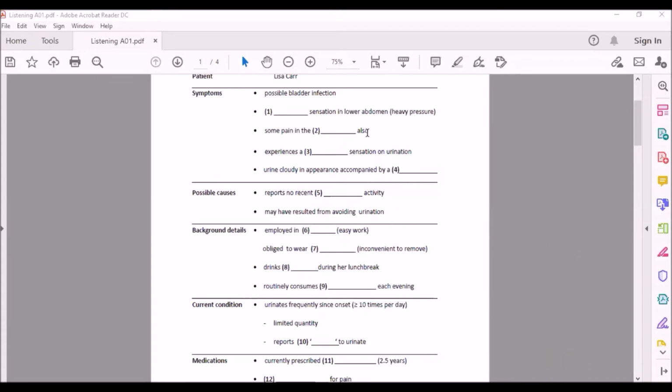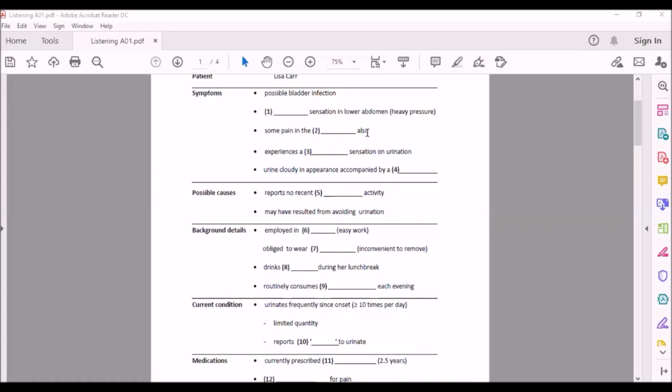You get the paper, you have the questions, and of course you read. Do you know how much time you have to read the questions before the recording is played? How much time do you have to read this whole page before the recording starts? Oh no, that's too much. Not 5 minutes.